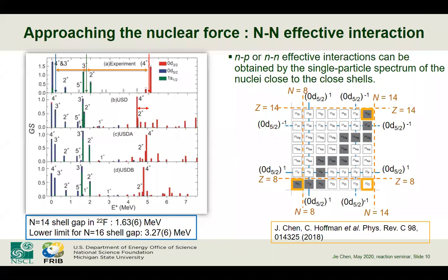And using this method, we can apply the one nuclear transfer reactions on more exotic beams in future facilities like FRIB. Also, based on what I discussed before, we can deduce the nuclear effective interactions using nuclei close to the closed shell, and also deduce the corresponding matrix elements.